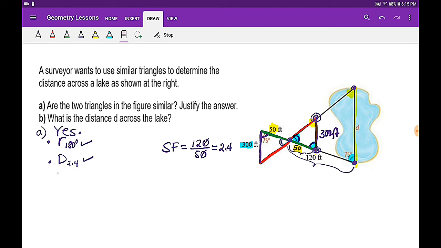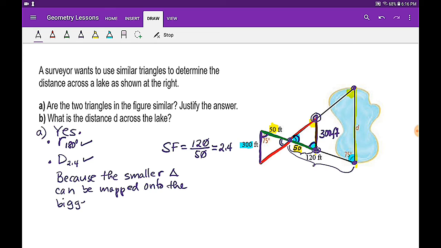Yes, because the smaller triangle can be mapped onto the bigger triangle by a composition of a dilation of 2.4 composed with a rotation of 180 degrees.